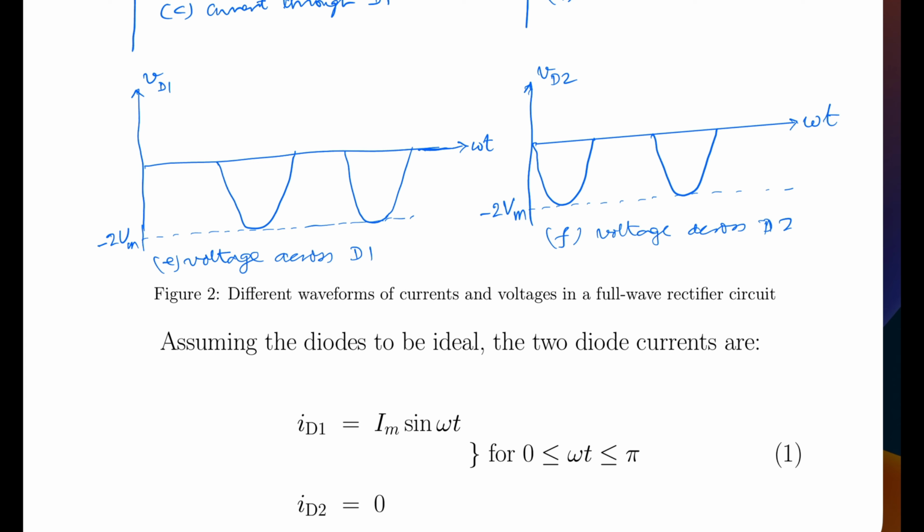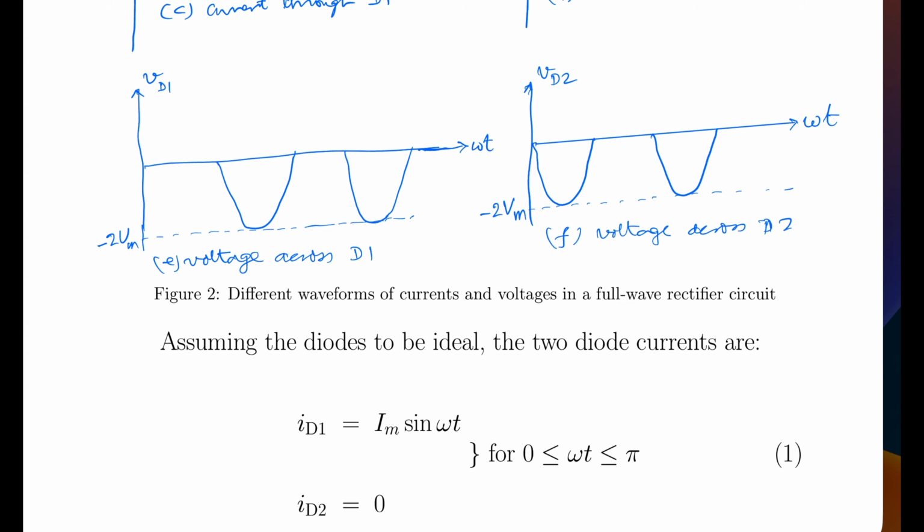We have potential between point A and point B, Vm, and between point B and point C, Vm. So this is 2 Vm. So the entire potential drops across diode D1, which is non-conducting. Similarly, when diode D2 is non-conducting, this is the voltage across diode D2, when diode D1 conducts.